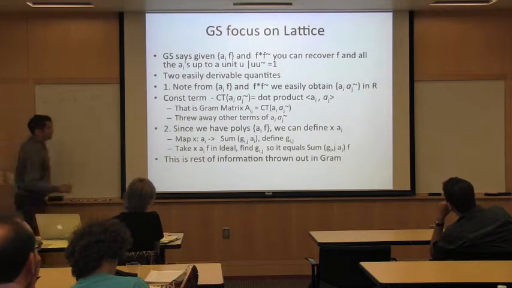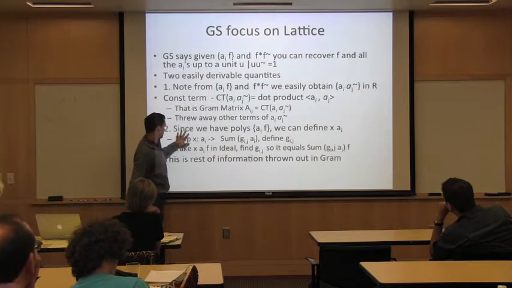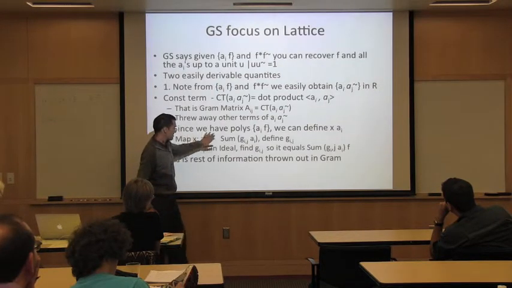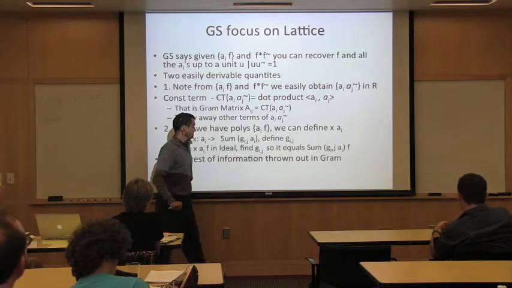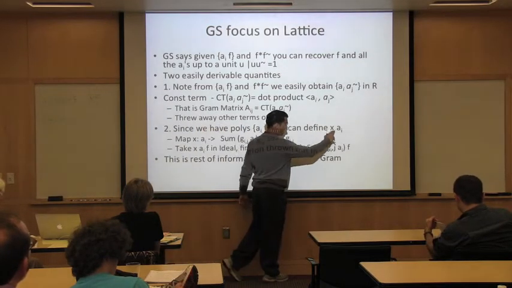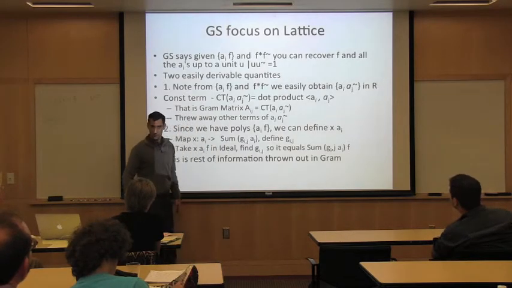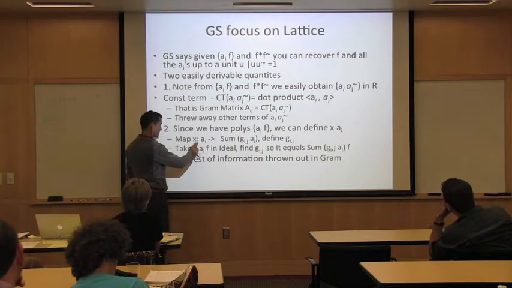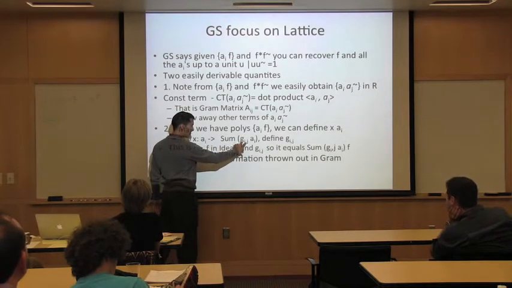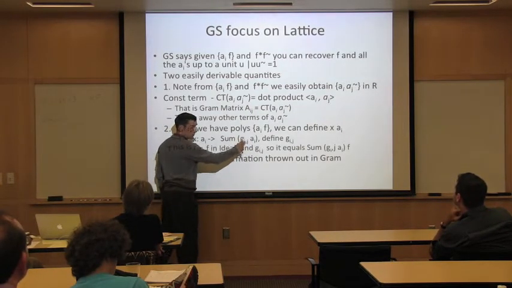Now the other thing you get is some more interesting stuff here, because these are actually polynomials. Since you've got all these a sub i's times F, well, we can figure out what X times a sub i is in terms of the other a sub i's. So how do you do that? Well, we want to map X to some bunch of integers times all of the a sub i's. And how are we going to define these coefficients?